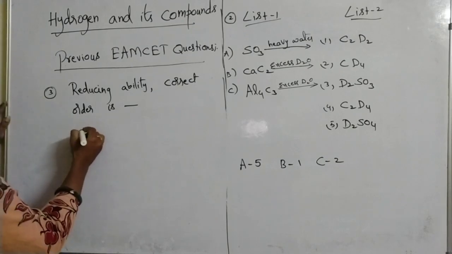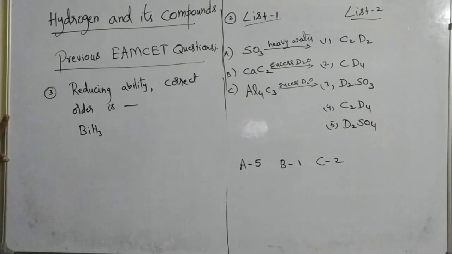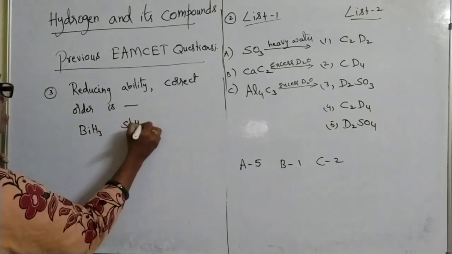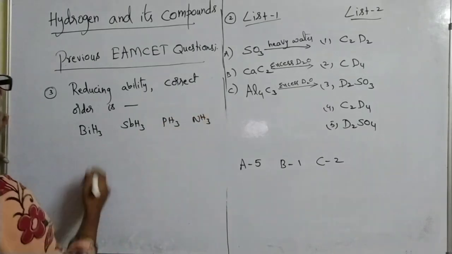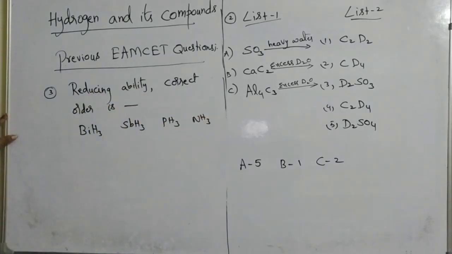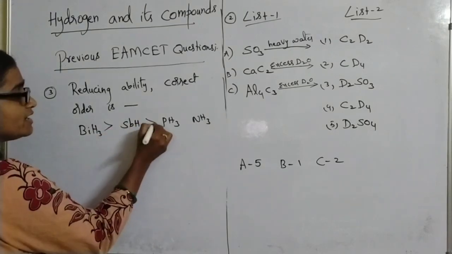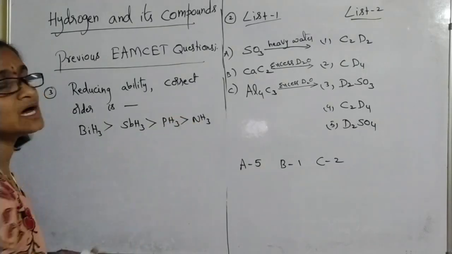So BiH3, SbH3, PH3, NH3. Reducing ability will be more for BiH3, bismuth hydride, then antimony hydride. PH3 means phosphine, and NH3 is ammonia.